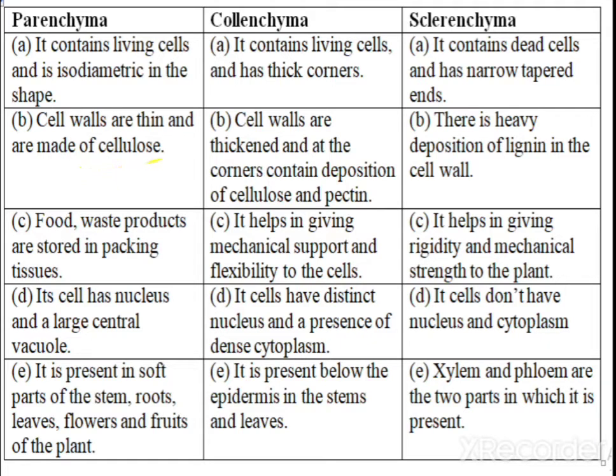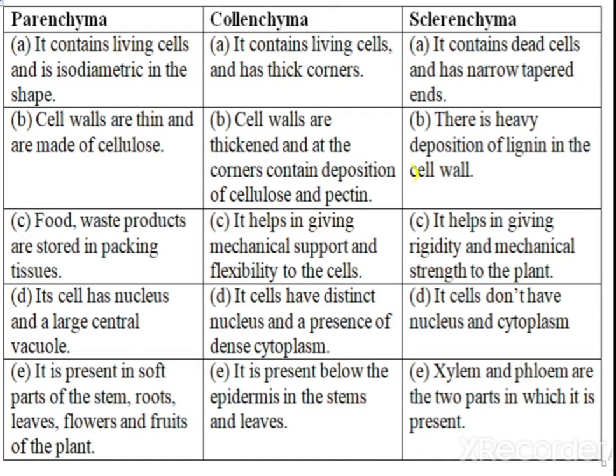In parenchyma, the cell walls are thin, made up of cellulose. In collenchyma, the cell walls are thickened at the corners with deposition of cellulose and pectin. There is more deposition of lignin in the cell wall because the cell walls are thicker in sclerenchyma.